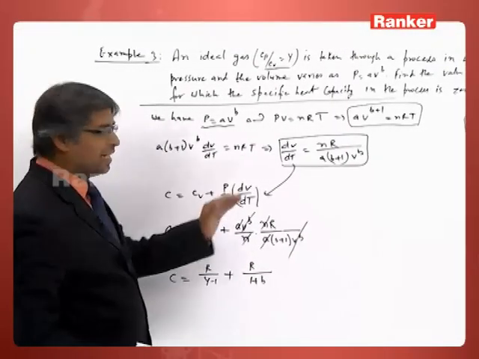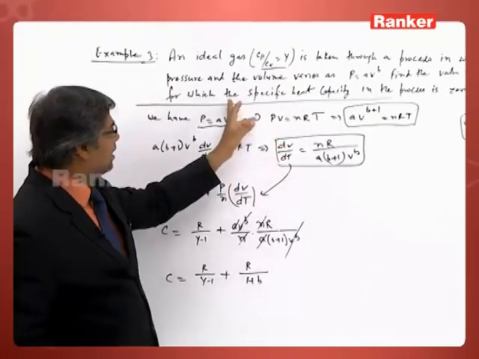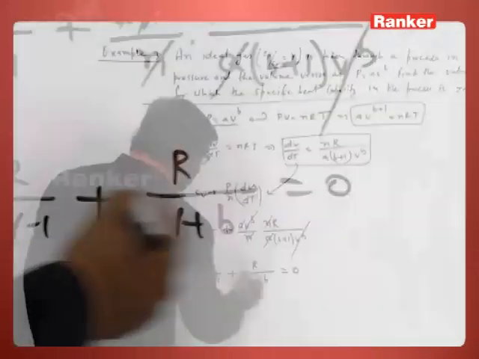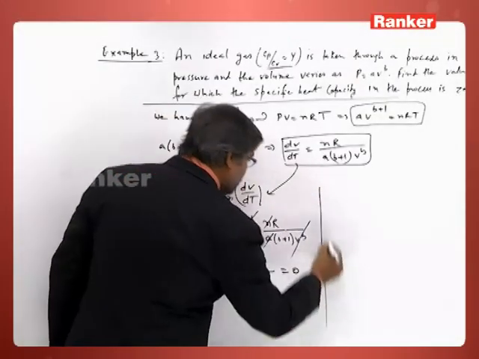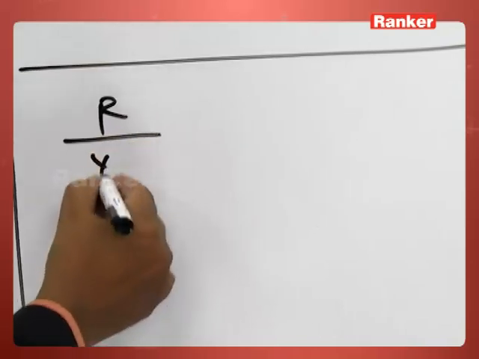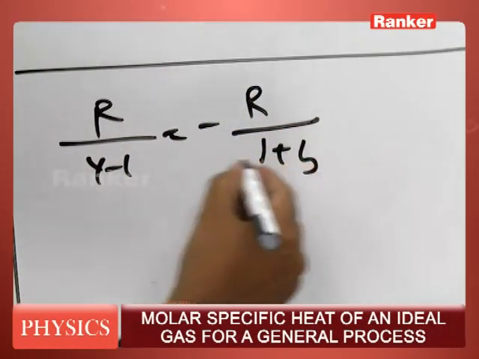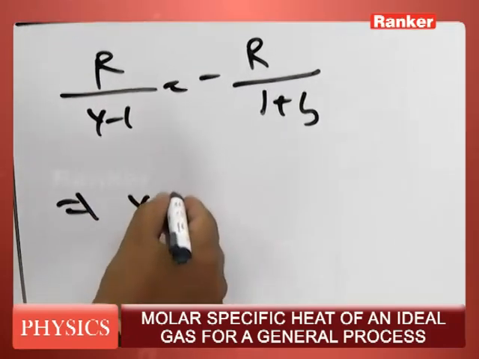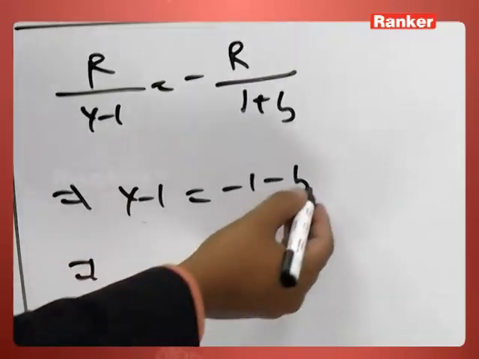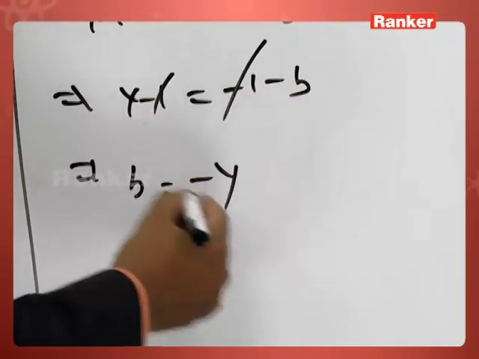Now, it is asked under what conditions, what is the value of B for which the specific heat is 0. So this is equal to 0 according to the question. We have R by gamma minus 1 is equal to minus R by 1 plus B, which implies gamma minus 1 is equal to minus 1 minus B. Implies B is minus gamma.